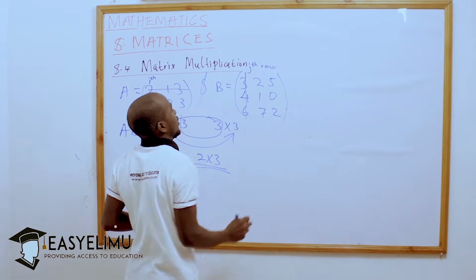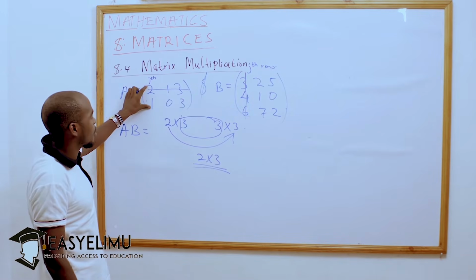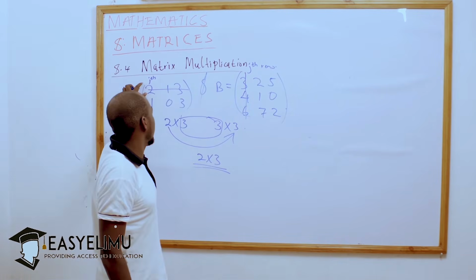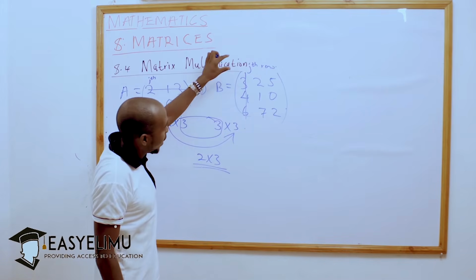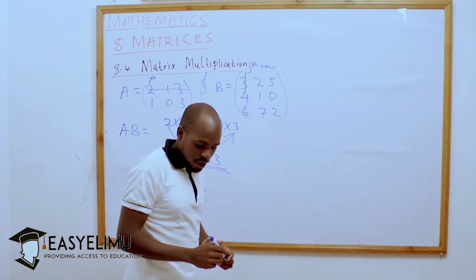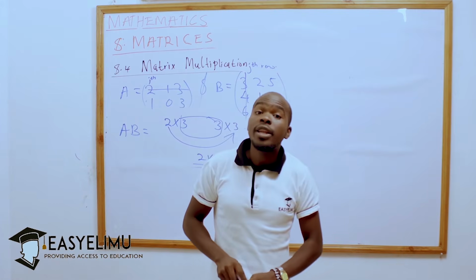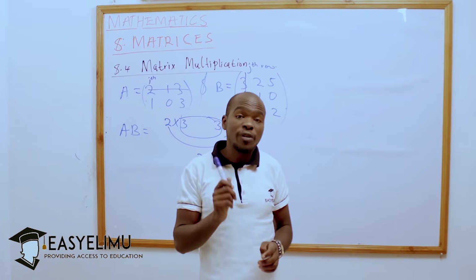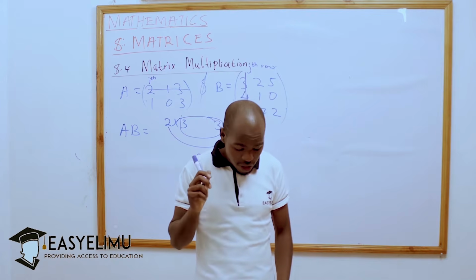That is what I was telling you. If this is the ith row, then I will multiply this ith row by the jth column. So we have seen that in order to multiply any given matrices, they must be compatible.